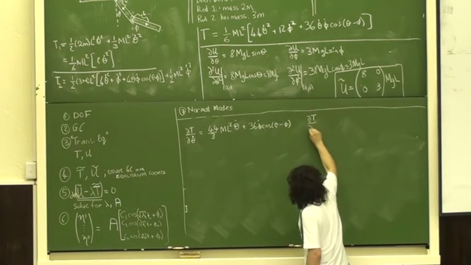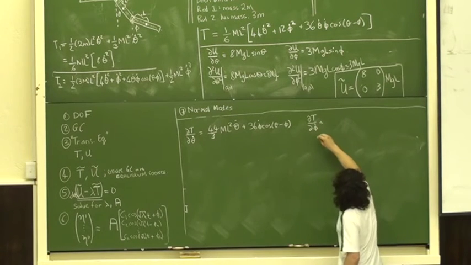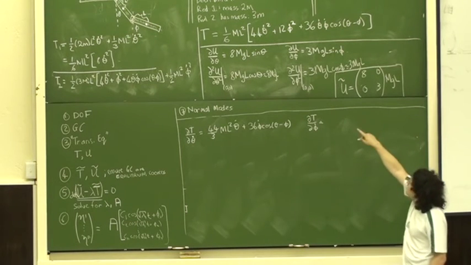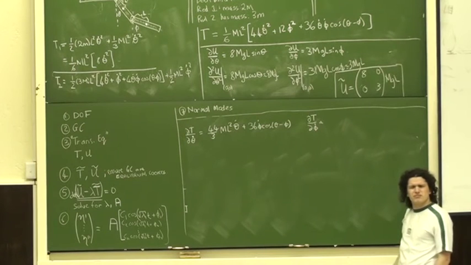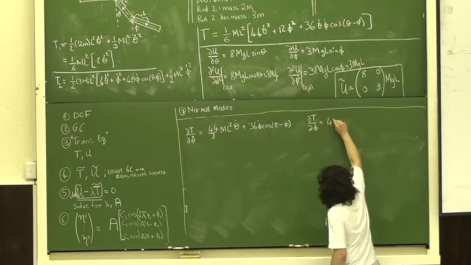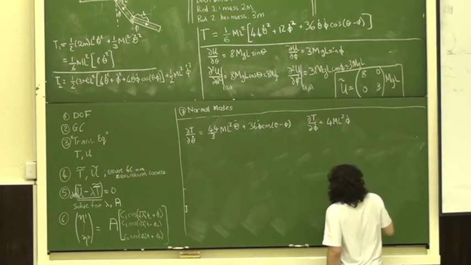Del T by del phi dot is going to equal 24 over 6 is 4, 4 ML squared phi dot. That's a cross term.